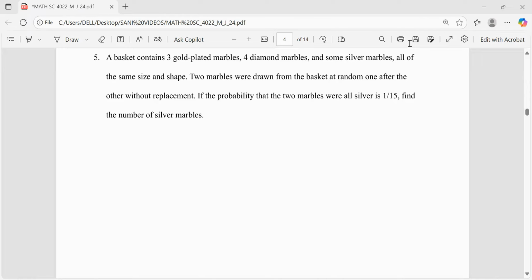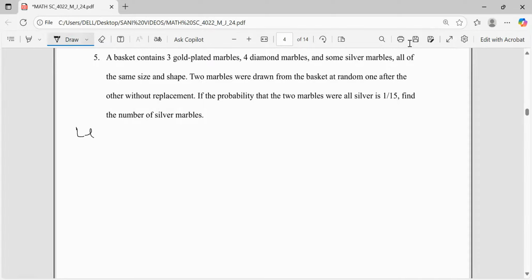So the first question, let the total number of marbles be x.